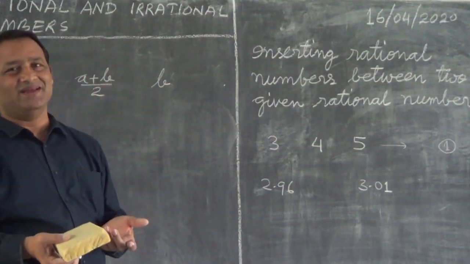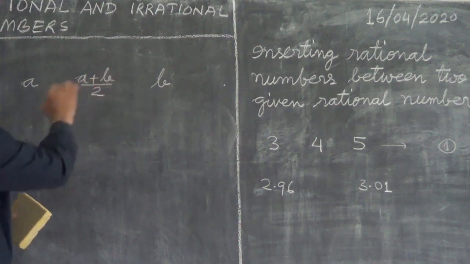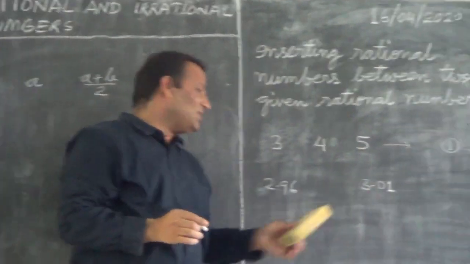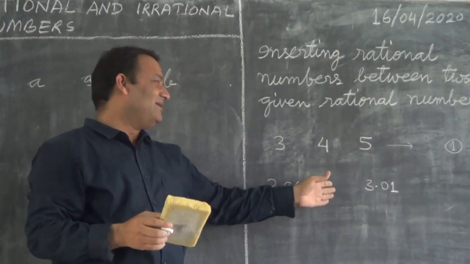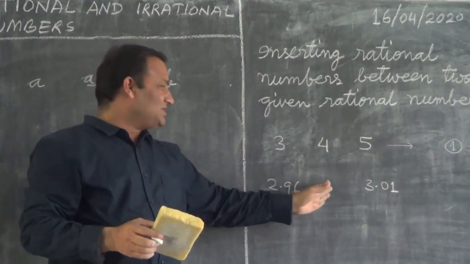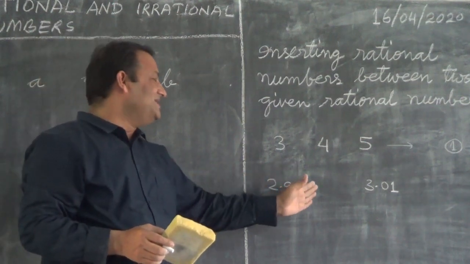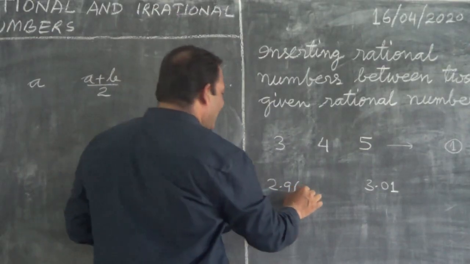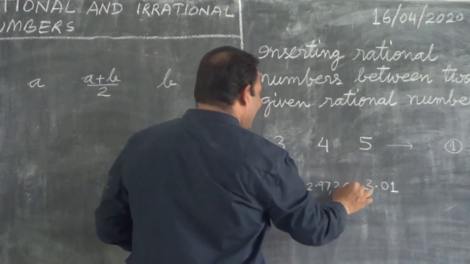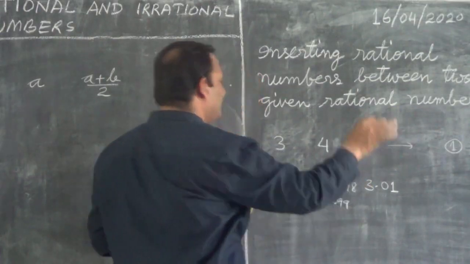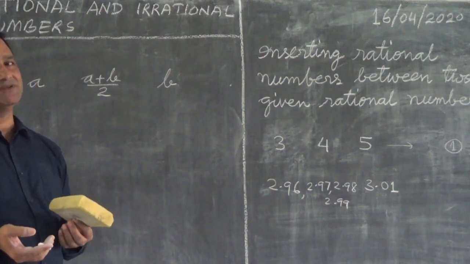You can do it very easily, because if you use the method A plus B divided by 2 here, your work is going to be very difficult, because you have to add the decimal numbers and divide by 2. This is somewhat tedious work. So we take the easy way out and say 2.97, 2.98 and 2.99. These are the three rational numbers between these two given rational numbers.